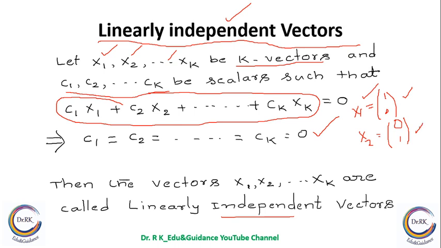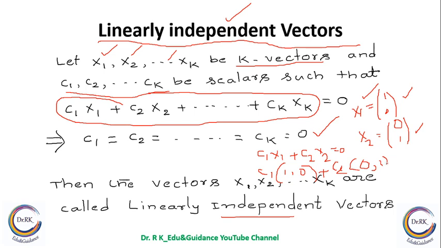First thing we have to do is write the linear combination c1 x1 plus c2 x2, and set this equal to 0. I'll write the transpose so that writing becomes easy: c1 into 1 0 plus c2 into 0 1.